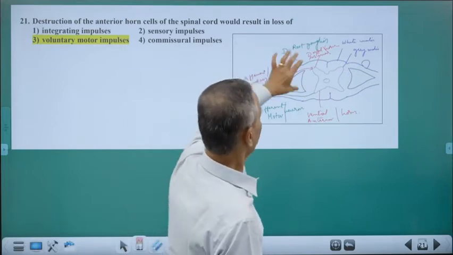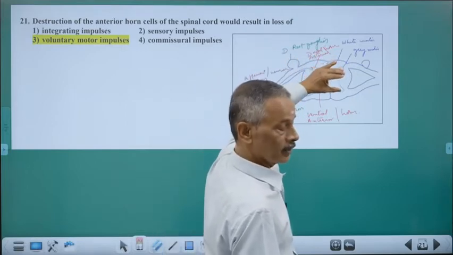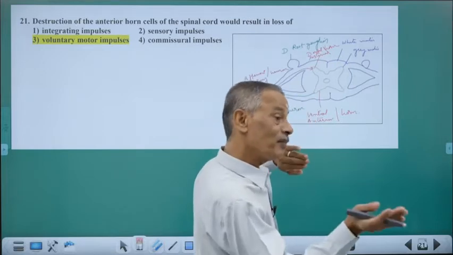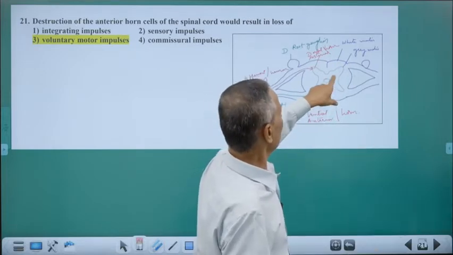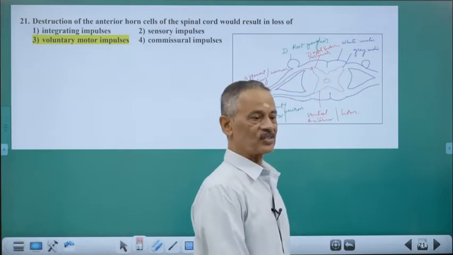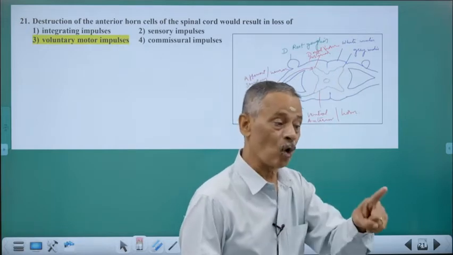Now, in the spinal cord, the gray matter is inside. That gray matter extends in the form of 2 extensions, which is why it is called a gray horn.